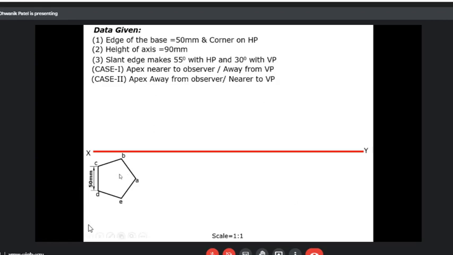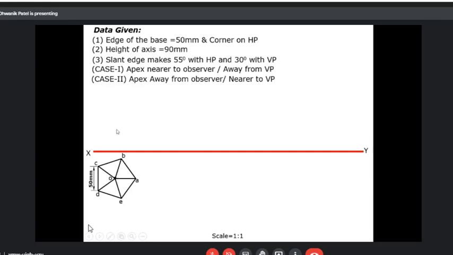Then you will find the apex point. I think all of you understand how to find the apex point. Every corner point you connect with the opposite side's midpoint, and in that way you will find the apex point. So the true shape of the base we will draw below the XY line. Now next we will draw the elevation part. The height of the axis is given as 90 mm.